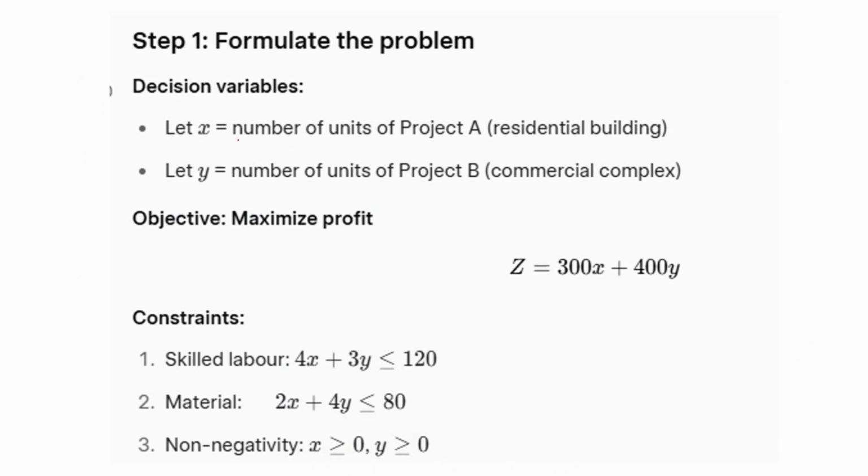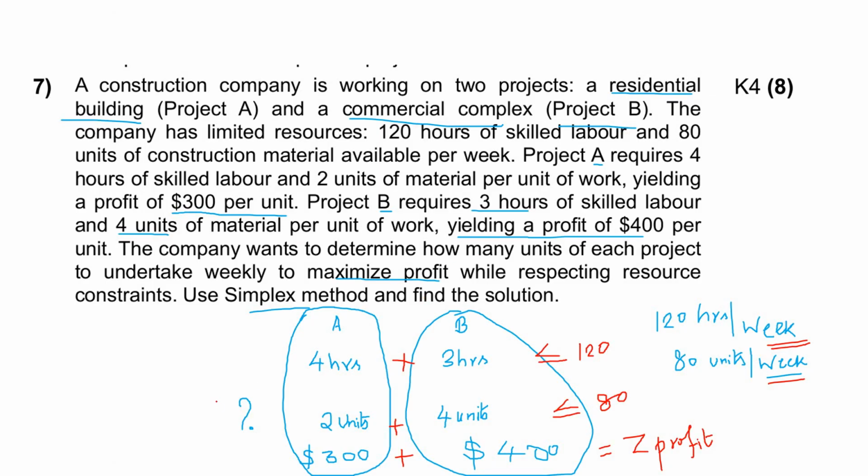So here X is the number of units of project A and Y is the number of units of project B. So go back here. Here you can add X, here you can add Y, here X, here Y. Similarly, here X and here Y. So first of all, you have to understand the problem and then you have to formulate.